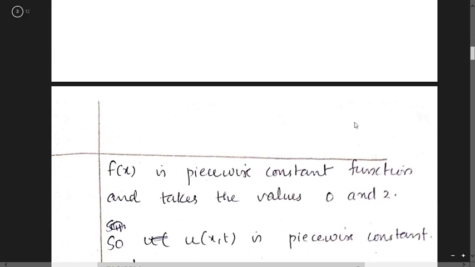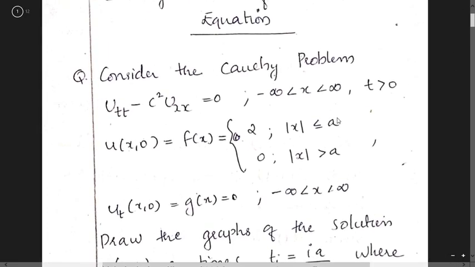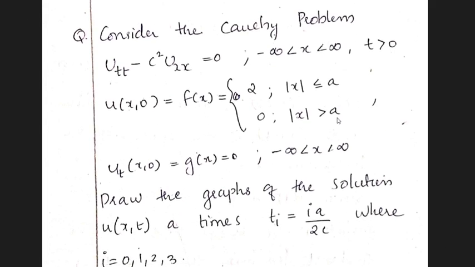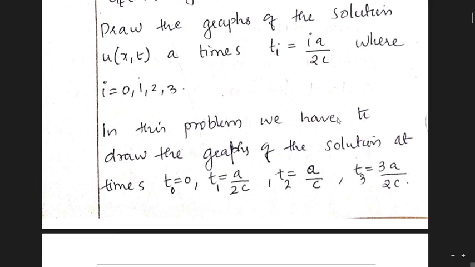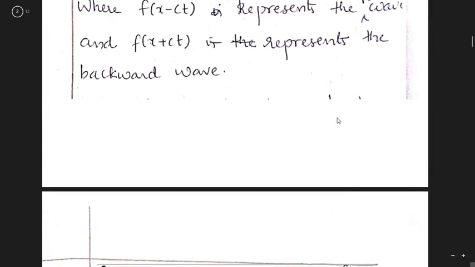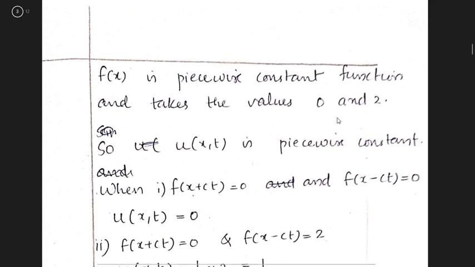Next, from the question itself we can identify that f(x) is a piecewise constant function, and f(x) takes only two values, 0 and 2. Since u(x,t) is 1/2 [f(x+ct) + f(x-ct)], and f(x+ct) and f(x-ct) are piecewise constant functions, u(x,t) is also a piecewise constant function.